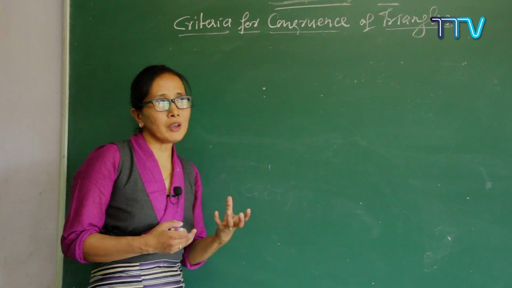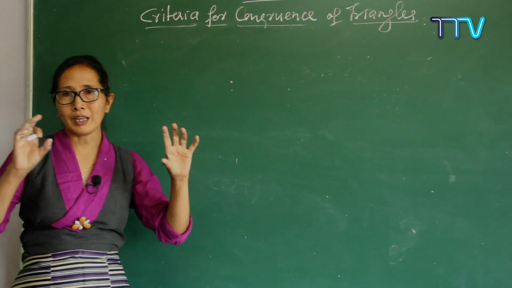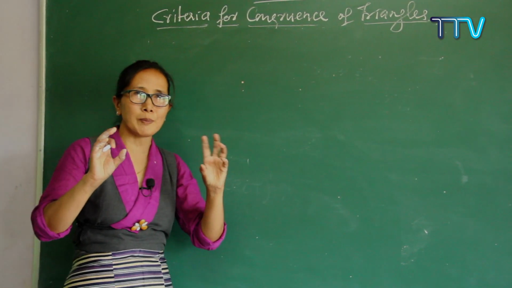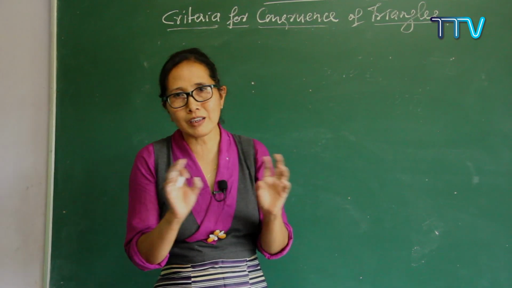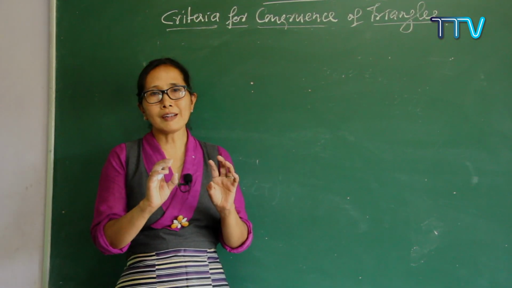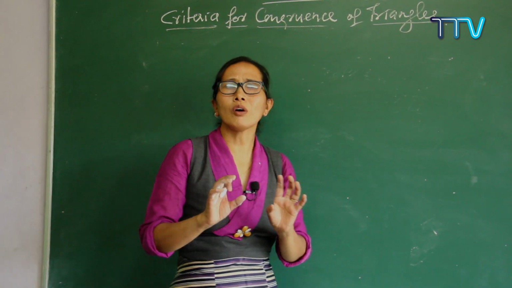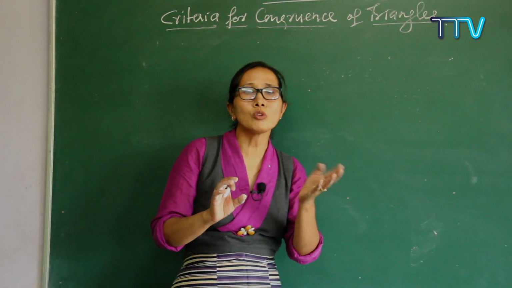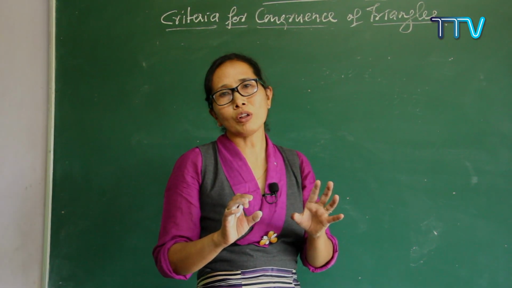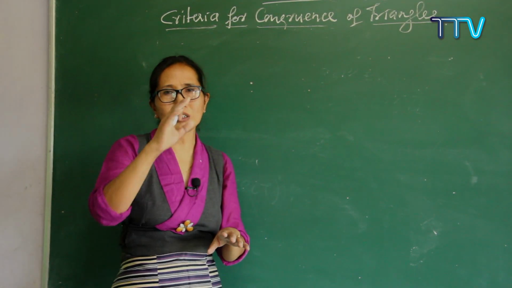We have got 6 parts, 3 sides and 3 angles. If all 3 sides and all 3 angles are equal, then two triangles are congruent to each other. But you don't have to look at all 6 parts. Out of 6, if 3 parts are equal to each other, then you can call the two triangles congruent.